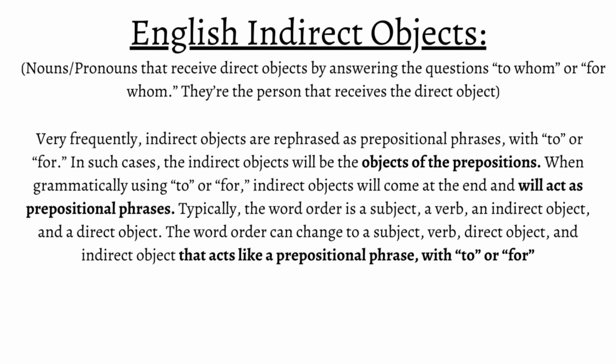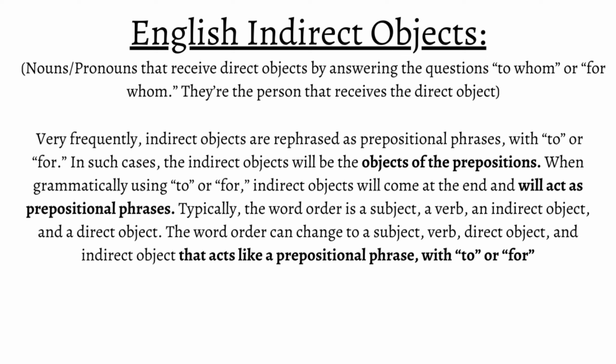Because indirect objects always come with direct objects, the indirect objects typically come after the verb and before the direct object. However, when grammatically using the prepositions to or for, indirect objects will come at the end of the sentence and will act as prepositional phrases.